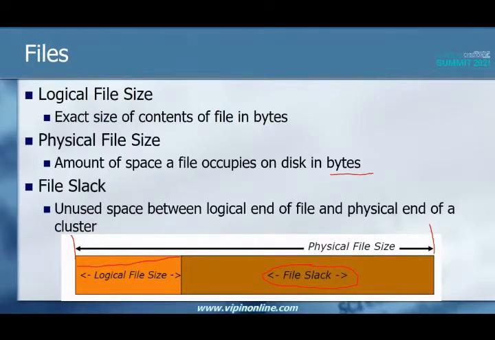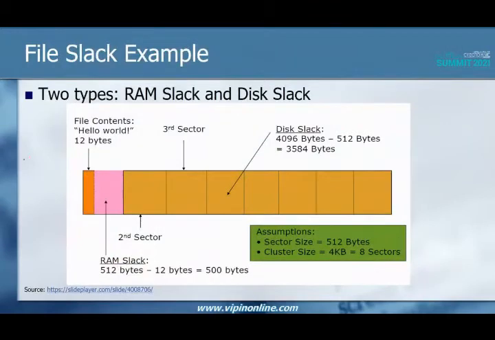Let me show what happens when a file is written to a hard disk. Here it is written hello world. Consider our previous file as the hello world file, and in hello world there are 12 characters, so it will consume only 12 bytes of memory.